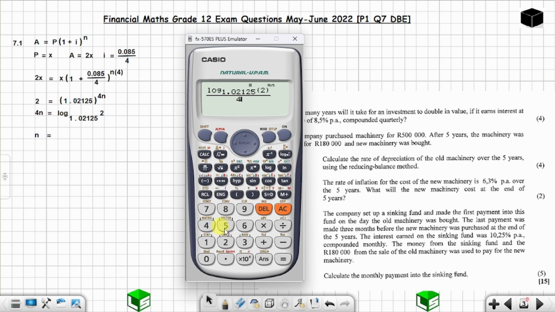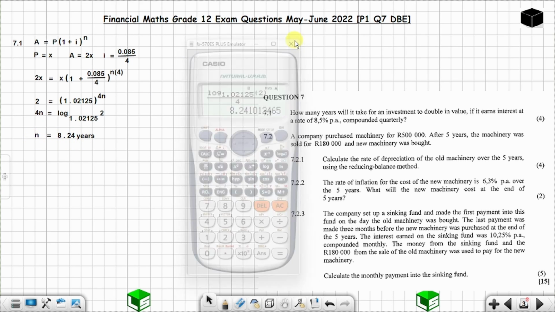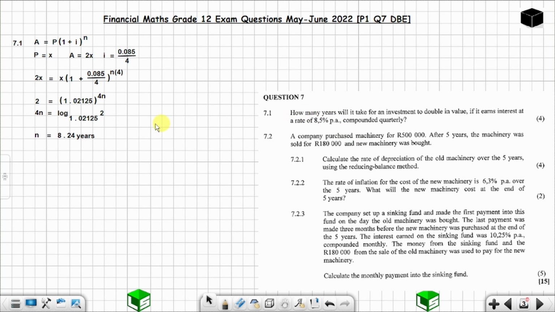This is equal to 8.24 years. Remember, when you divide by 4, the answer will be in years. So the final answer is n is equal to 8.24 years. This is the final answer to question 7.1.